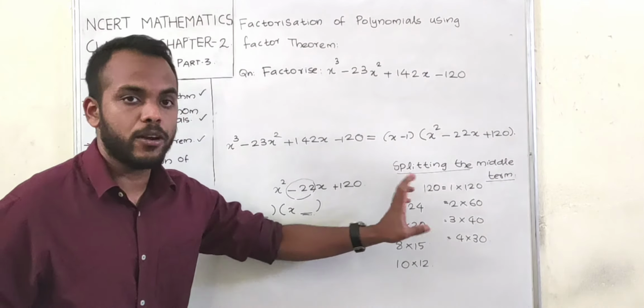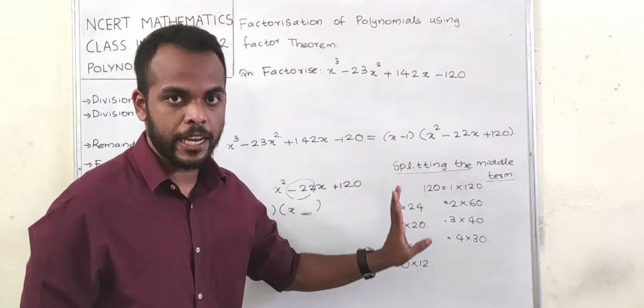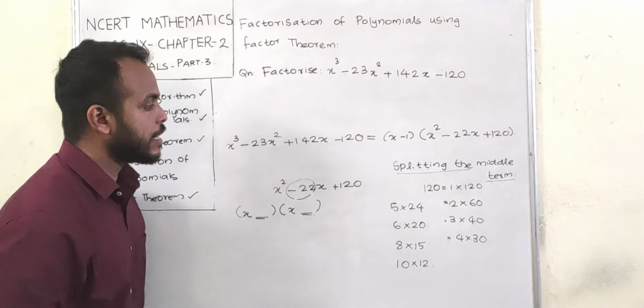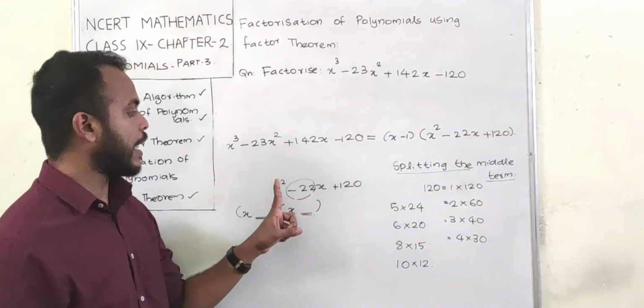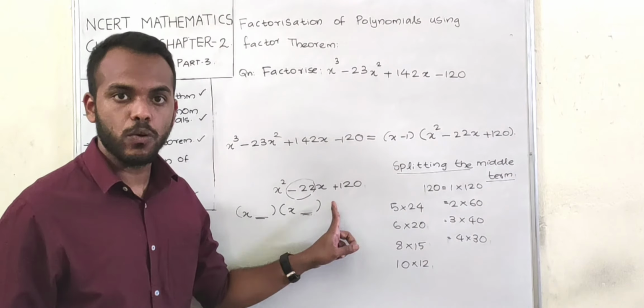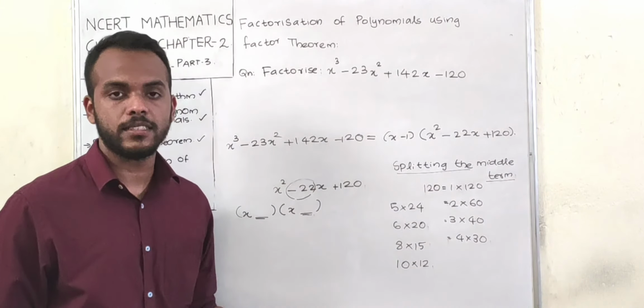Now, this number can be of any form, like plus or minus 1, plus or minus 2, plus or minus 3, anyway. Now, we need to check whether the sum of the pair of numbers will add up to minus 22 or 22. First, we should check for 22, then you can change the sign.